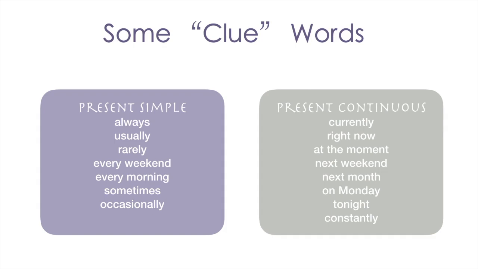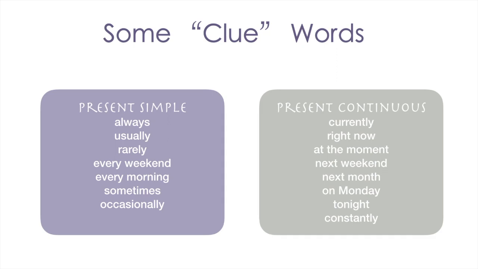So, these are some clue words that I have put together that may signal when to use which tense. On the left, you see that when you see the following words, usually you will use the present simple. These are words like always, usually, rarely, every weekend, every morning, sometimes, occasionally.